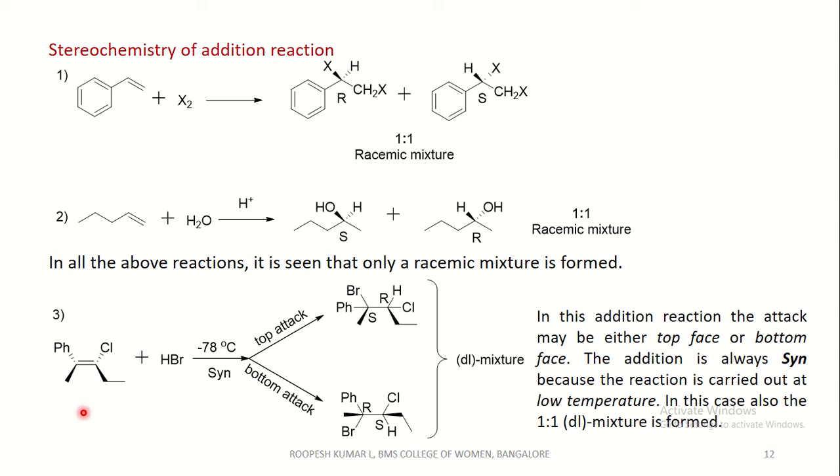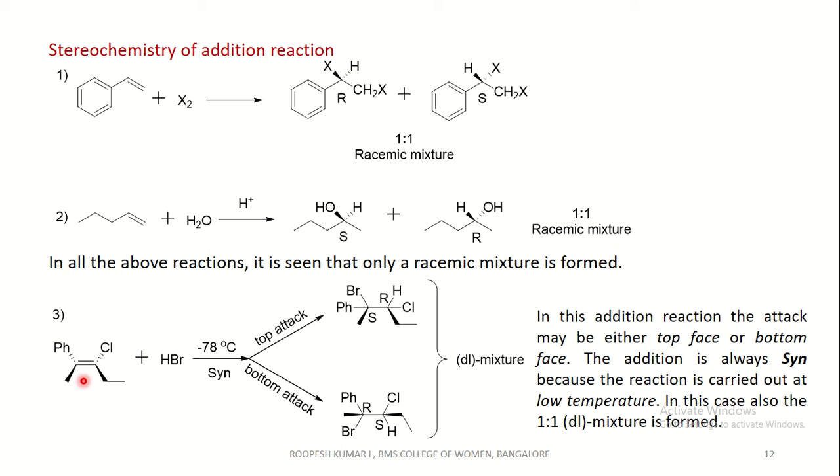Coming to the third example, this molecule reacts with HBr at very low temperature. We get a mixture of compounds, that is DL. If the bromine attacks from the top, it is called a top attack.